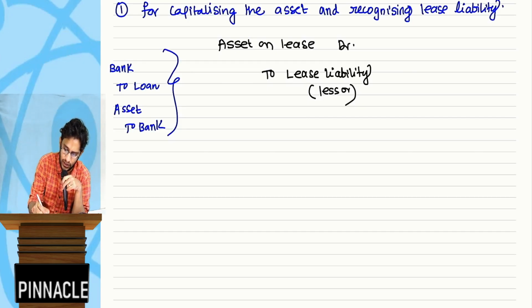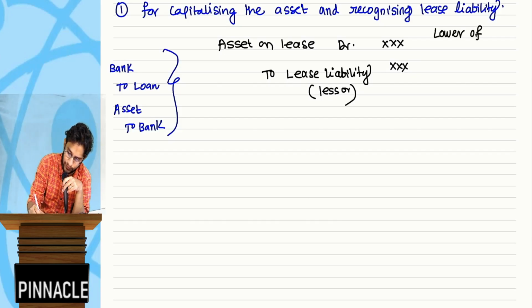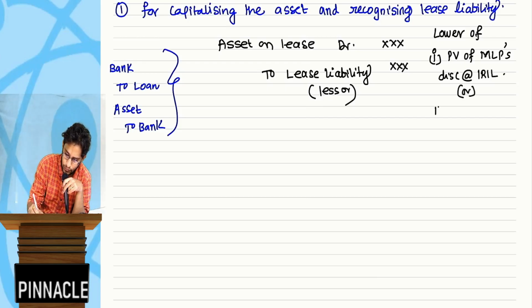Now next question: this entry should be passed with what amount? For which our standard says this entry should be recorded with the lower of PV of MLPs discounted at IRIL or fair value of the asset.